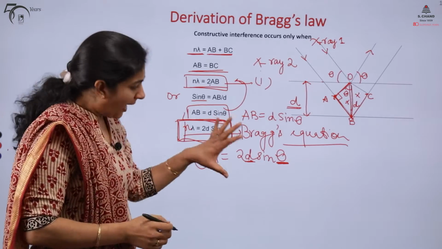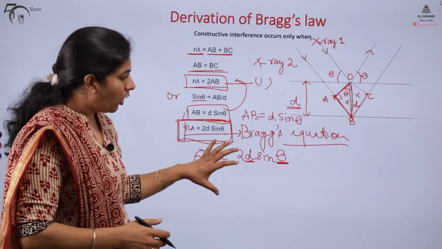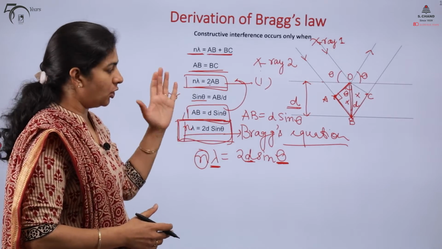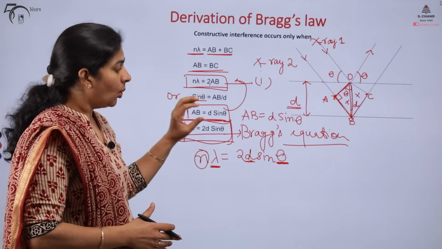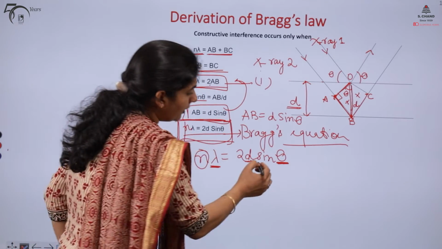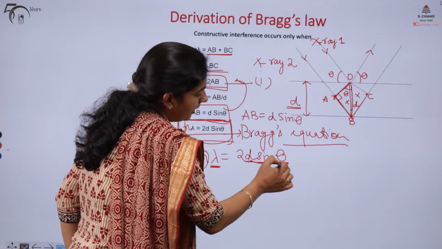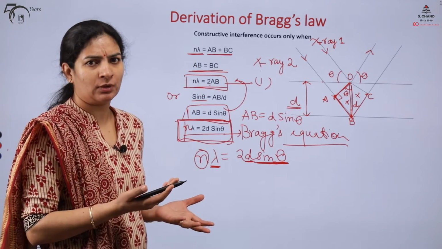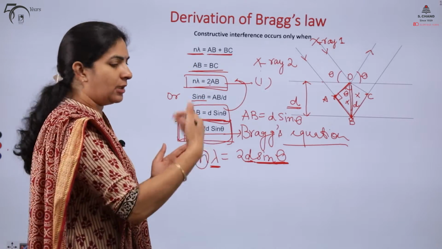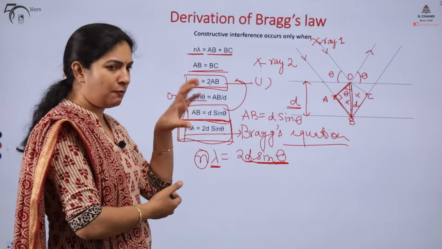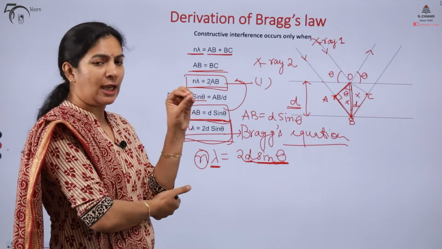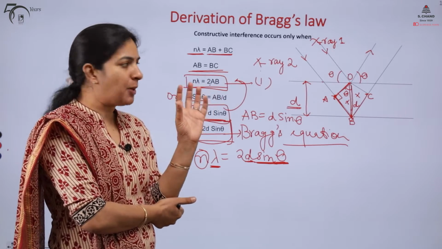So the maxima or the bright spots in these X-ray crystallographic studies will be observed whenever the value of sine theta satisfies the equation. We will get reflections or bright spots at definite intervals.